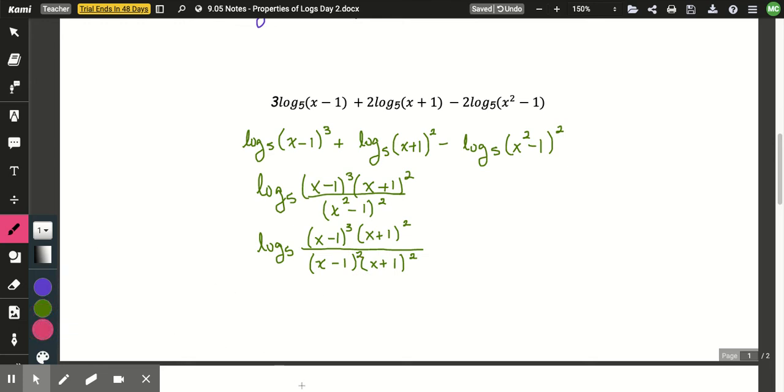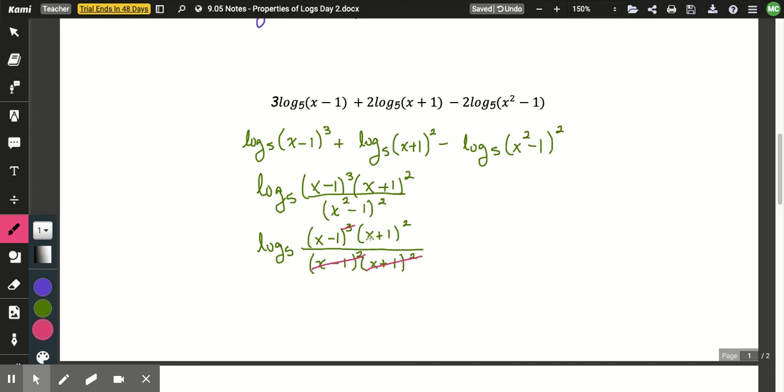Now I can look for common factors in the numerators and the denominators that I can cross out. So I see that x minus 1 occurs in both places. There are 3 of them in the numerator and 2 of them in the denominator. So that means I could cross out 2 of them total, and that would leave 1 behind in the numerator. With the x plus 1s, there's an x plus 1 squared in both the top and the bottom.